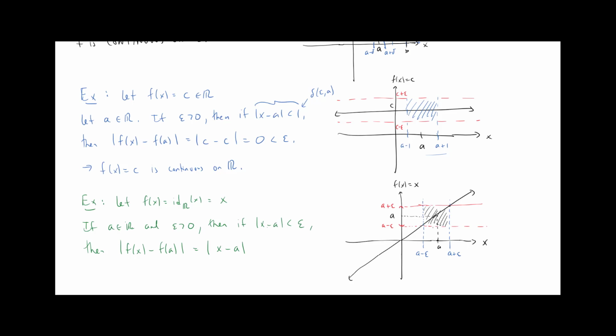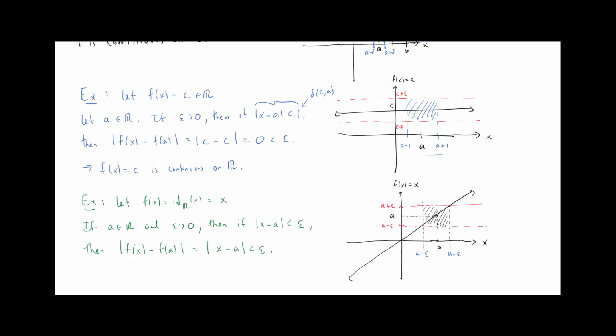And x minus a was assumed to be less than epsilon. And there we go. As long as we choose our a coin to be the a coin of radius epsilon, then our f of a coin is going to contain the image of that a coin.